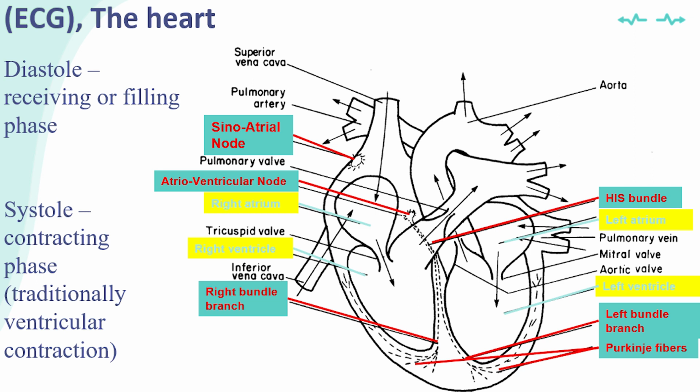Once it depolarizes, it creates its own action potential that then moves via a specialized cardiac fiber called the bundle of His, which is found within the wall that separates the right ventricle from the left ventricle.